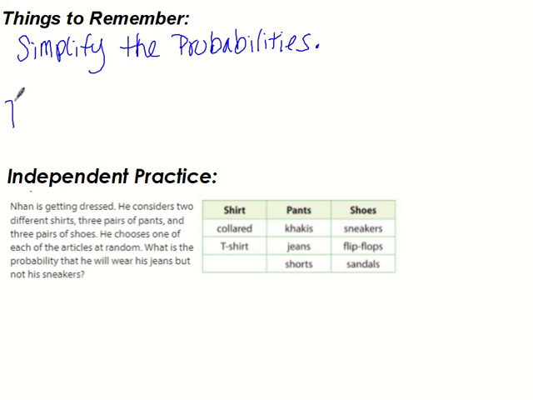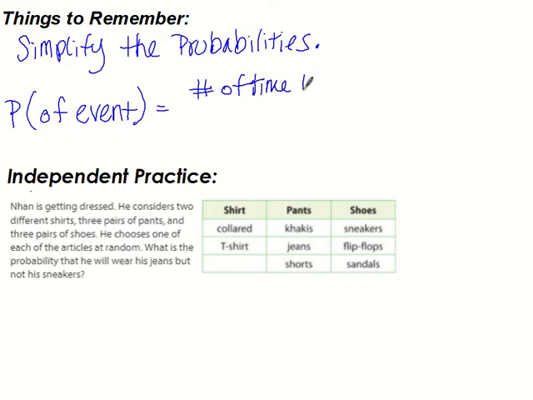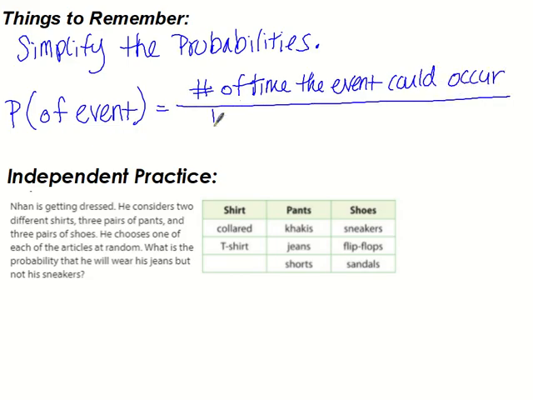And remember, our probability of an event is the number of times the event could occur over the total number of possibilities. That was a lot of eyes too.